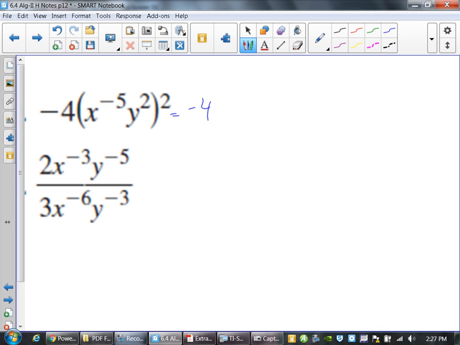So it's negative 4, x to the negative 10, y to the 4th, because when you have power to power, you multiply. How many of those are unhappy where they are? Just the x to the negative 10. The negative 4 doesn't mind, it just doesn't have a negative exponent. So negative 10 is unhappy, so the answer would be negative 4 y to the 4th.